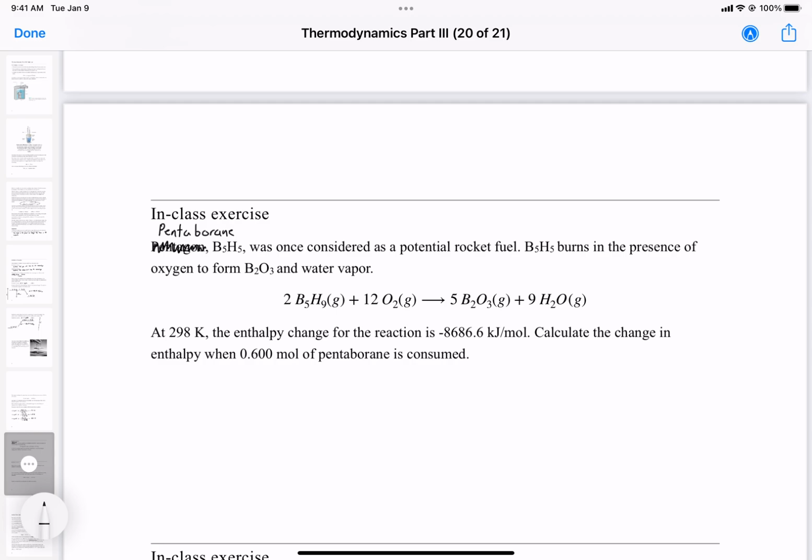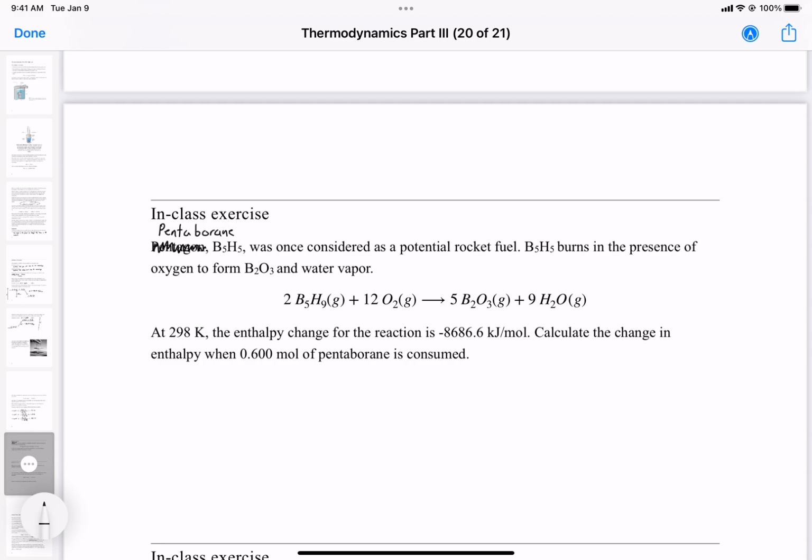Pentaborane was once considered as a potential rocket fuel, because it releases a lot of gas molecules. And as we see here, at 25 degrees, the change in enthalpy for the reaction is a whopping negative 8,686.6 kilojoules per mole. That's a lot of sixes there, and so that's a lot of energy.